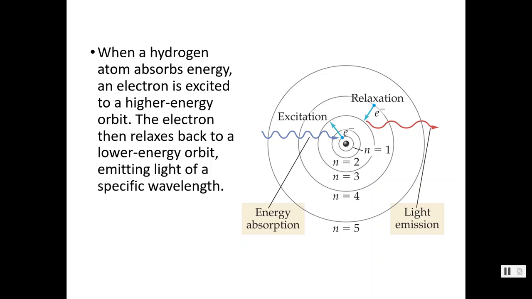So in this example here, I have the electron being promoted to the n equals 2 orbit. Okay? So giving electrons energy excites them and promotes them to higher orbits.